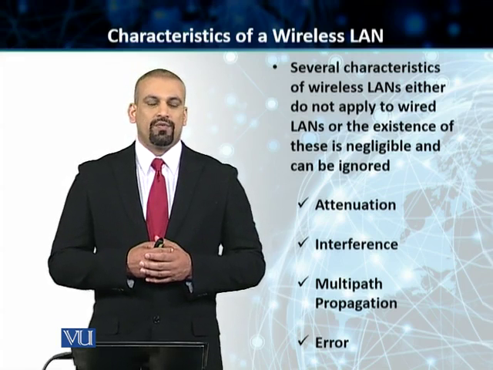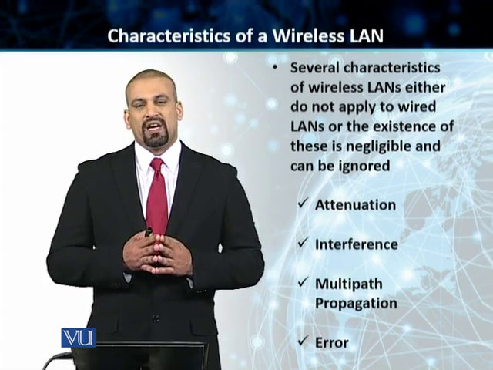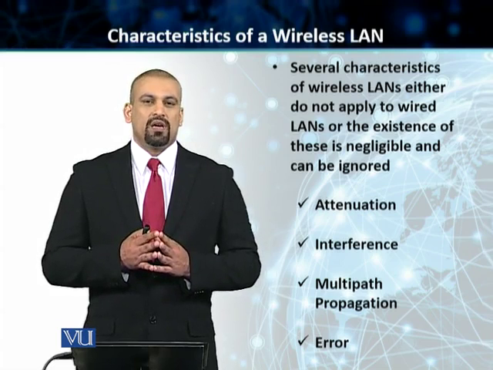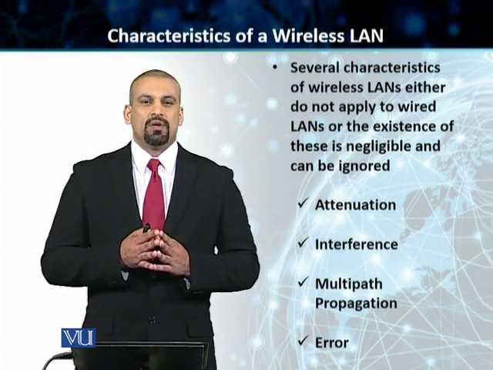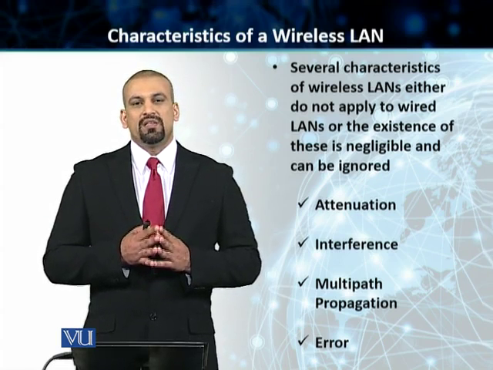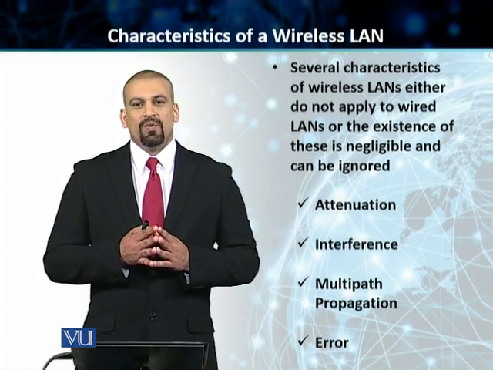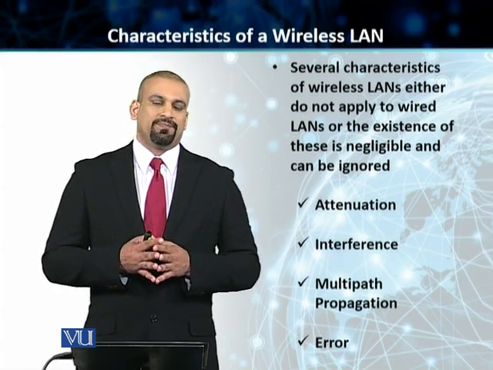Students, the first of these characteristics is attenuation. Electromagnetic signals get weaker and weaker as they travel. Wireless is an open medium. The medium that we are using in wireless in the form of broadcast is air. The electromagnetic signals, when they are transmitted from the sending end to the receiving end, are dispersed in air.